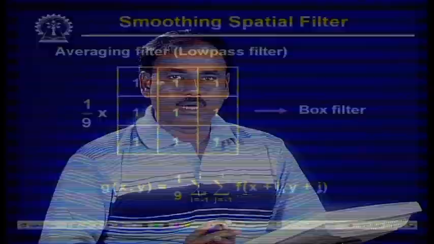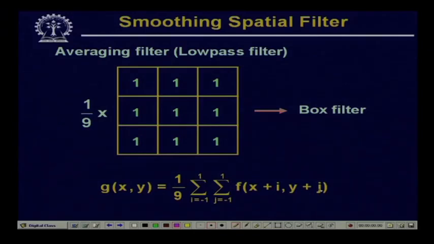Which is nothing but the average of all the pixel values in the 3 by 3 neighborhood of x y, including the pixel at location x y, and this average is placed at location x y in the processed image g. So, this is what is known as an averaging filter, and also this is called a smoothing filter.